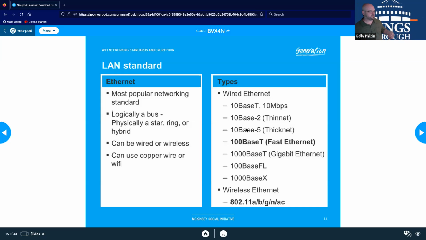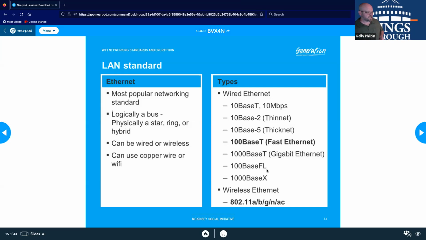All of them have that in the middle. The number on the front, so that 10, is the megabit speed that it is communicating on. So you have 10 megabits, and you get up to 100 megabits, then 1,000, and so on. When you hit 1,000, usually they'll just say 1 gigabit or whatnot.